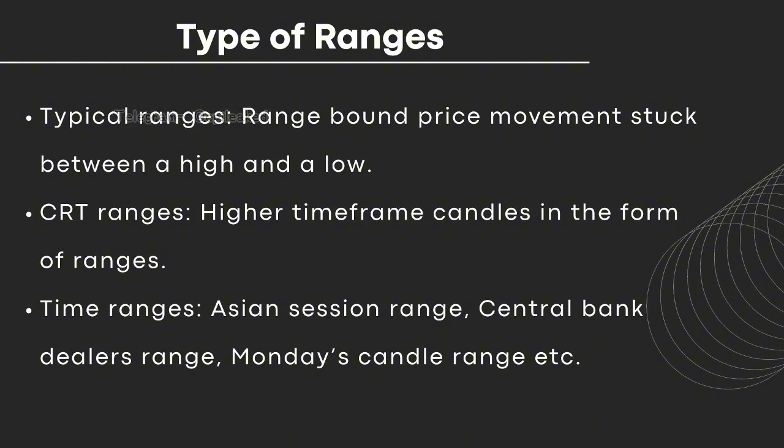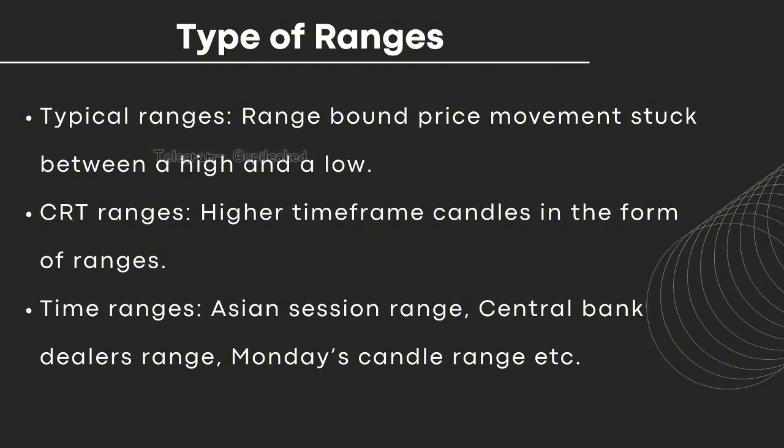Typical ranges are basically range-bound price movement stuck between a high and a low, which I just showed you earlier. Knowing about typical ranges will help you understand the rest of the types and the rest of the examples even better. Pretty rarely are they ever needed, but the rest of the ranges are derived from its fundamental dynamics, so it's best to learn about it as well.